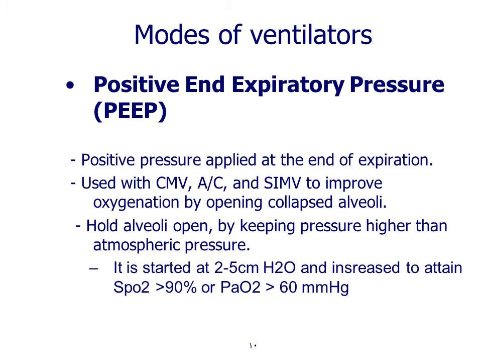It's started at 2 to 5 centimeters of water and increased to attain a saturation of more than 90% أو ال PaO2 يكون أكثر من 60. في بعض الحالات طبعا هذا البيب بيوصل إلى 20 ملم مركوري، ممكن نزيده ل 5 10 ل 20 ملم مركوري. وأيضا ممكن نحط هاي بيب بحالات acute respiratory distress syndrome that will be explained later.